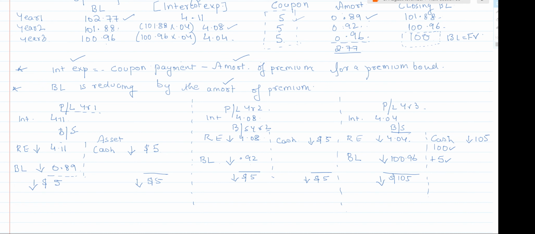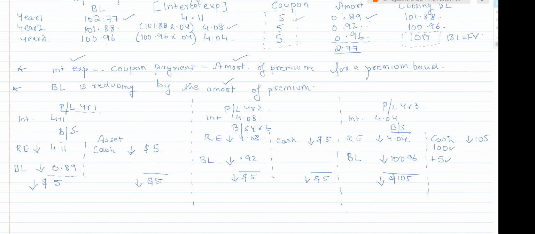Now, guys, why is this happening? Because at the end of year 3, the bond is maturing, right? So the issuer needs to repay the face value of the bond, and also has to pay the coupon that is payable at the end of year 3, which is 105, right? And similarly, since the bond has matured and investors have been repaid, the bond liability would become zero, right?